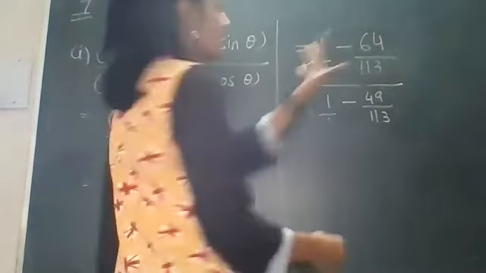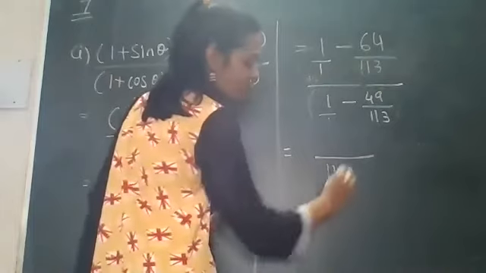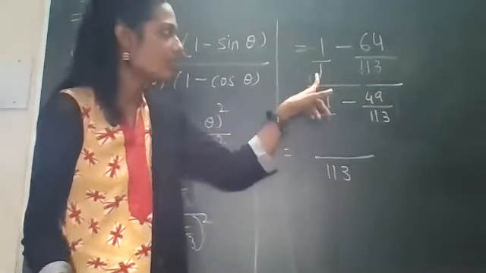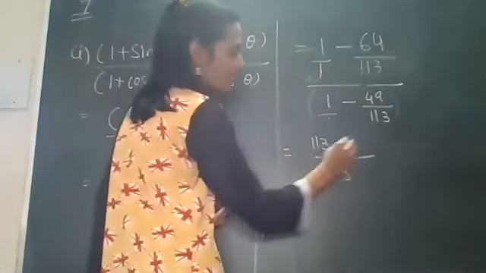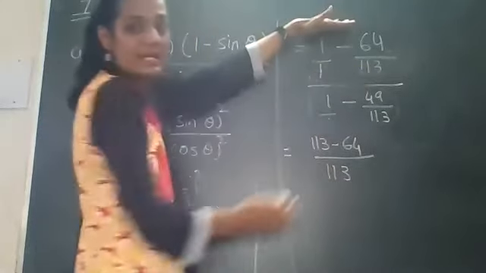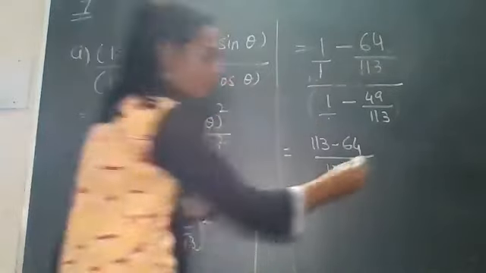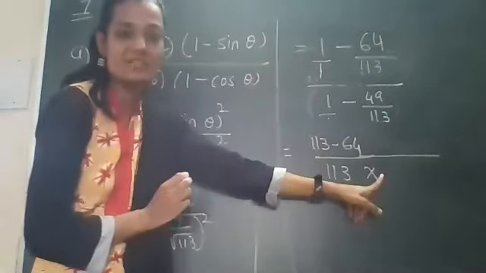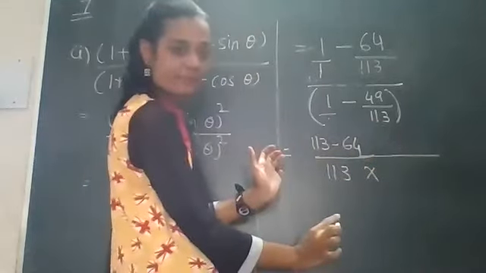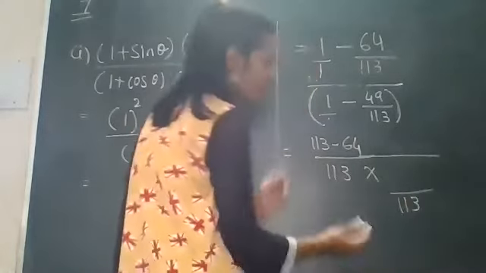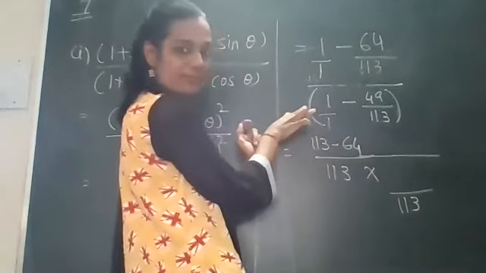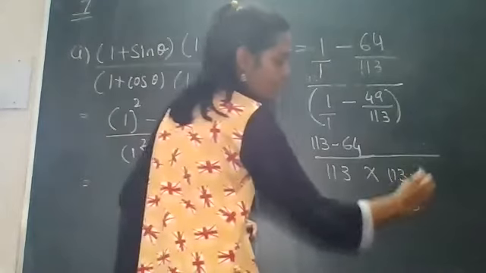Now assume that this 1 only is at the upper side, so what we are taking as the LCM? 113. The LCM of both will be 113 only, so here we multiply 113, so it becomes 113 minus 64. This is the upper part. Now we are talking about the denominator, so I am starting the denominator from here only. Taking the LCM, that is 113 only, here we also have to multiply with 113 to get the same LCM, so I have written 113 minus 49.